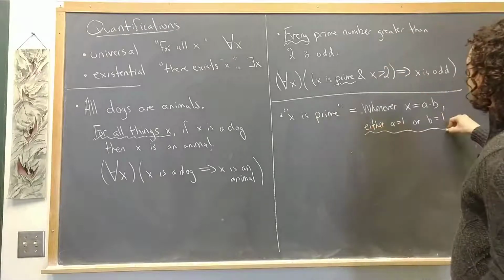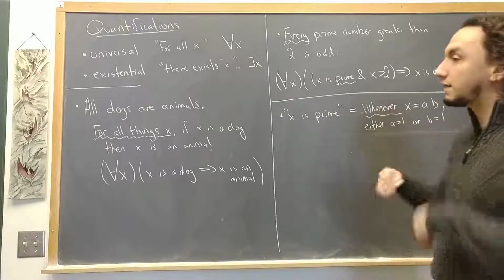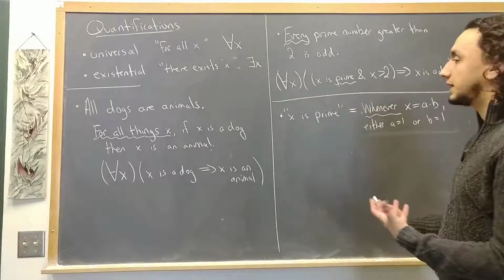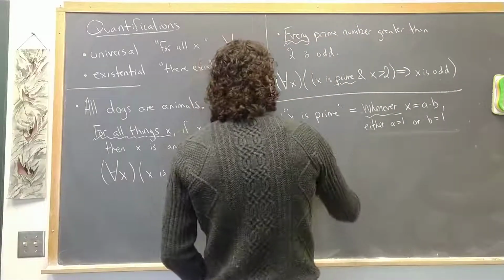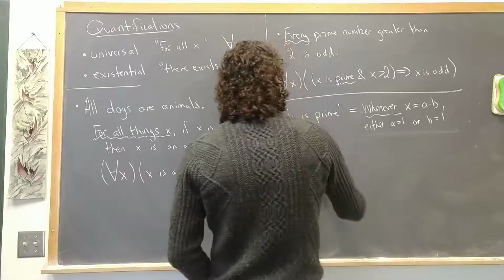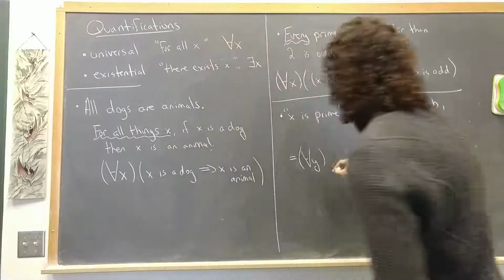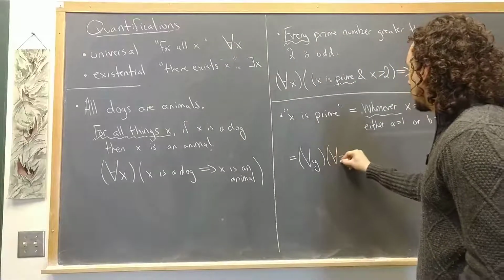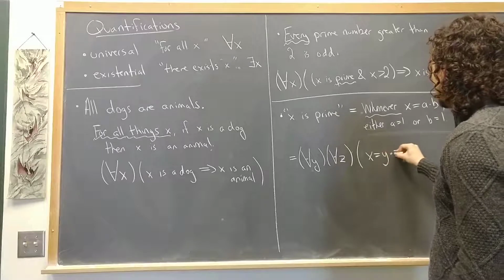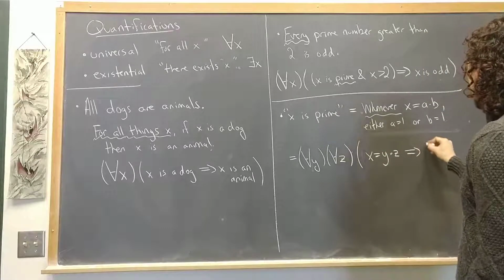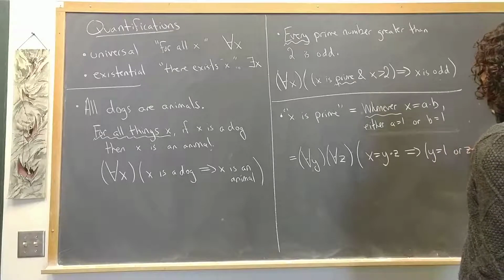And this statement again has this "whenever" part, and "whenever" is another way of expressing universal quantification. So this is for all y, and for all z, if x equals y times z, then either y equals 1 or z equals 1.